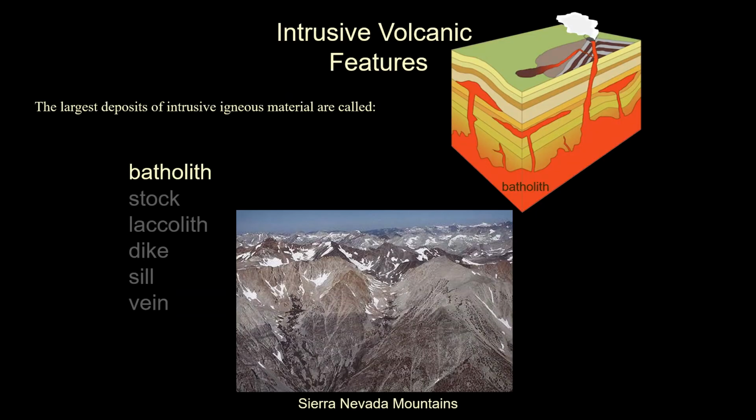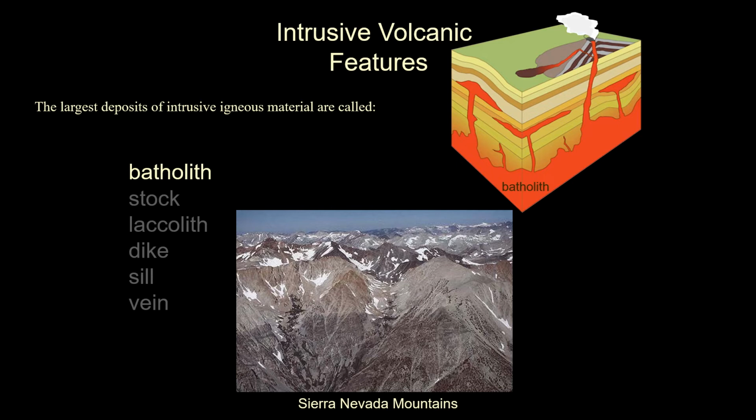So you have extrusive volcanism and intrusive volcanism. In intrusive volcanism, there are different types of landforms we find inside the earth's crust. One of the most important is the batholith. The batholith is the most abundant, the largest deposit of intrusive igneous material inside the ground.